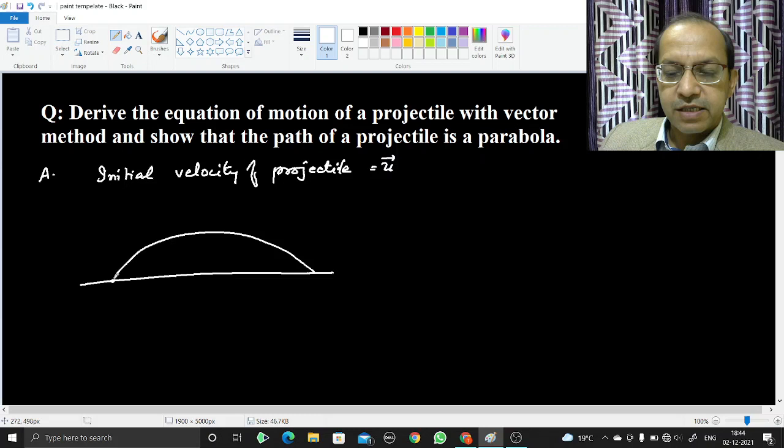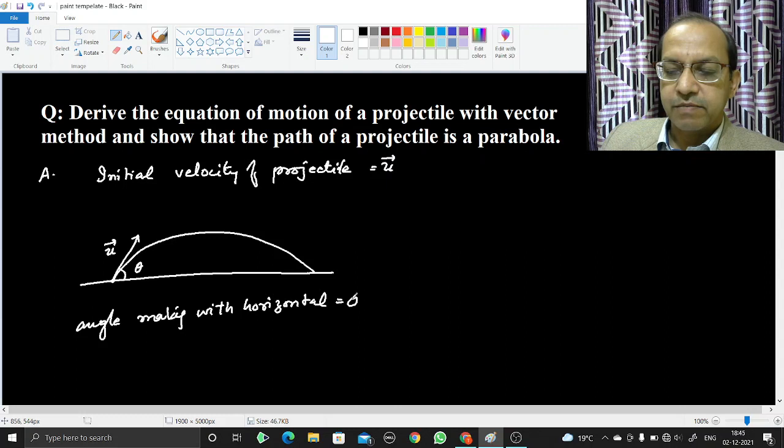This is the initial velocity vector u, and the angle it makes with the horizontal is theta. So the initial angle is theta.